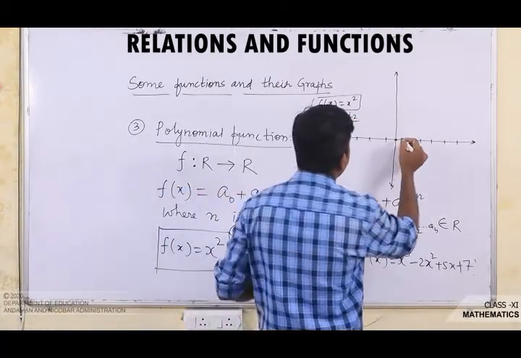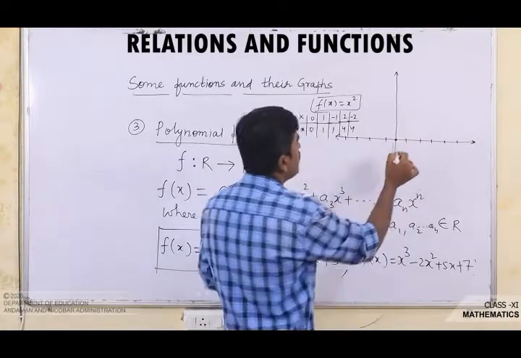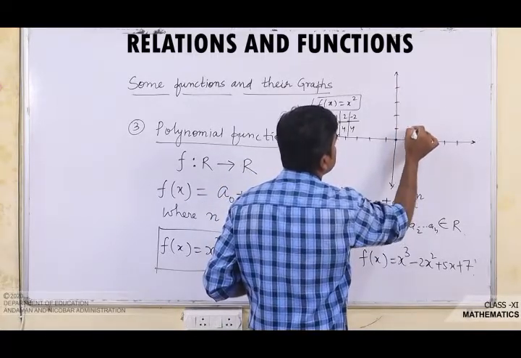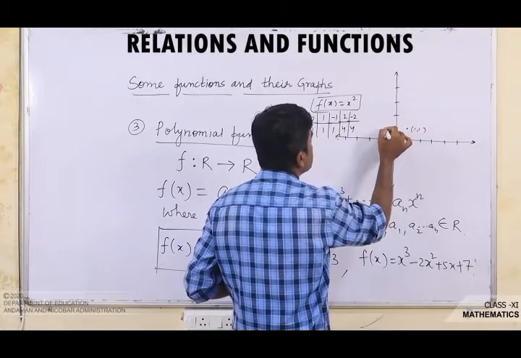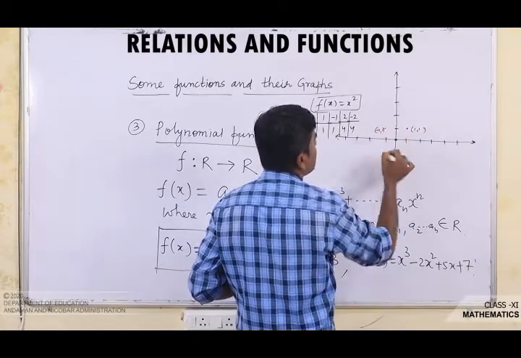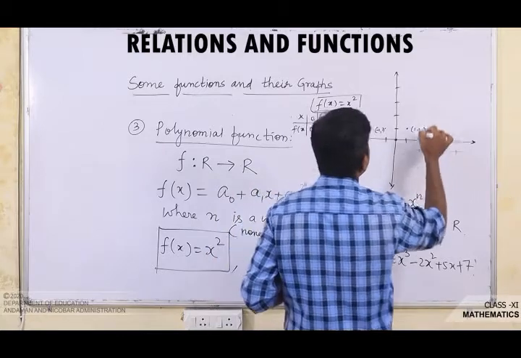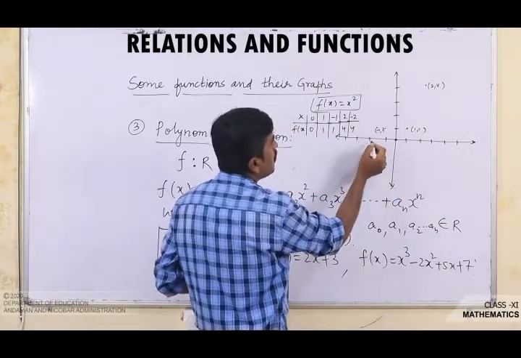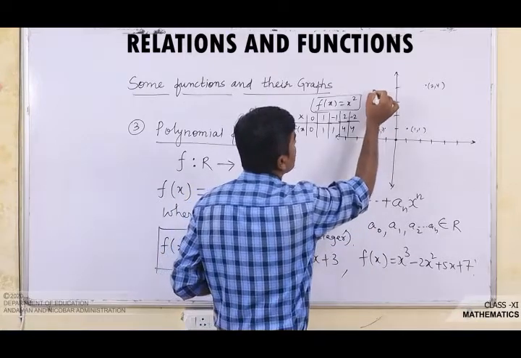Okay. So mark the points 0 comma 0. Then for 1 it is 1 comma 1, and this is minus 1 comma 1. And this one is 2 comma 4, and this is minus 2 comma 4.